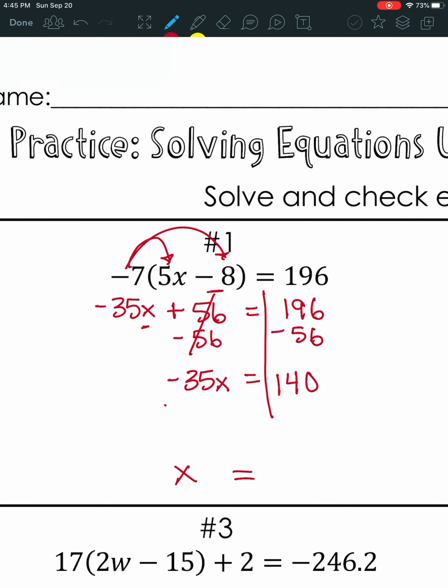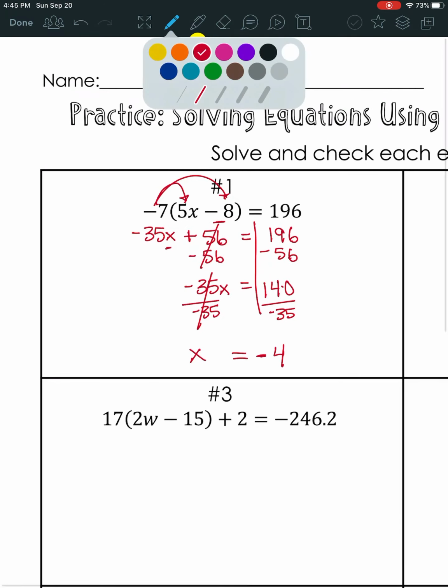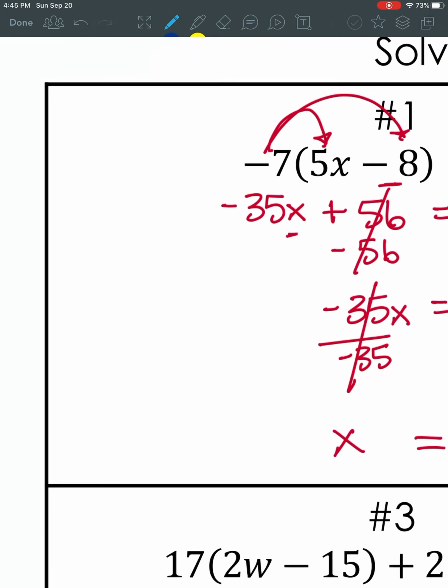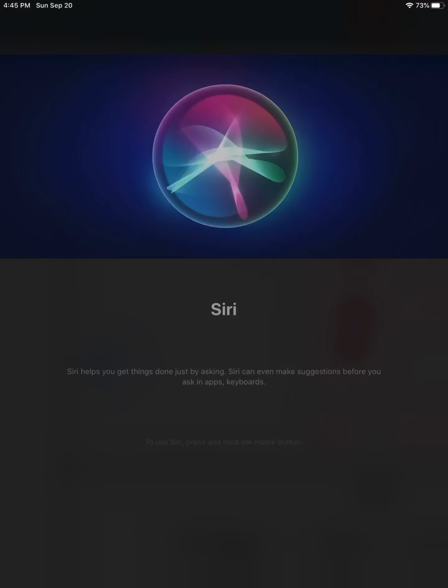That will go away. Negative 35x equals 140. And then divide by negative 35. Don't forget that negative in front of the 35. That's how we get a negative divided by negative, so we get a positive. Now 140 divided by negative 35, we do get a negative, and then 35 goes into 140 4 times. So x equals negative 4.